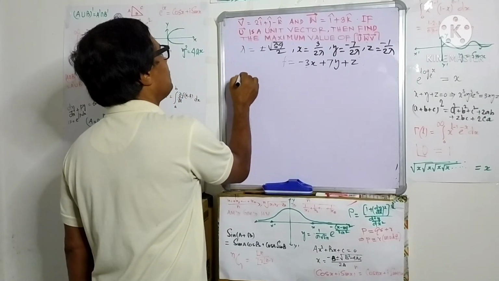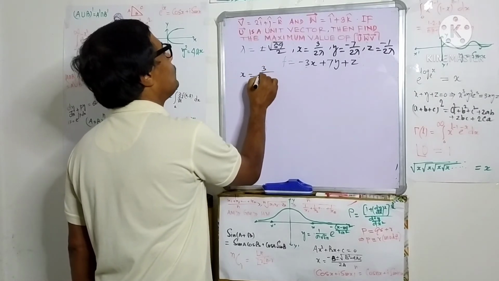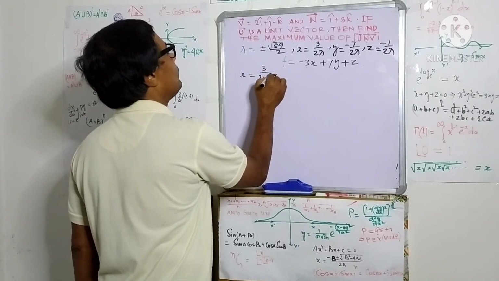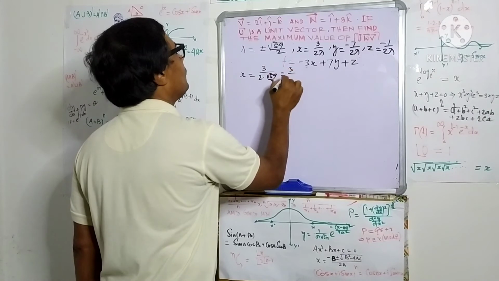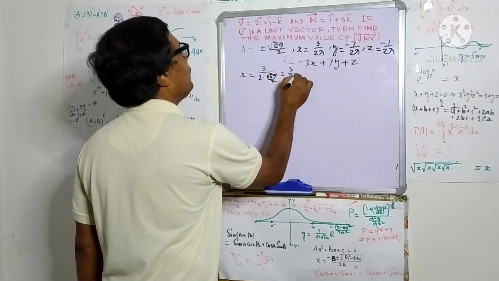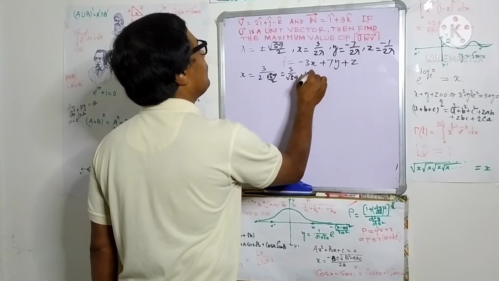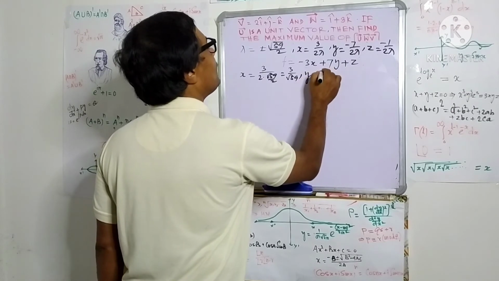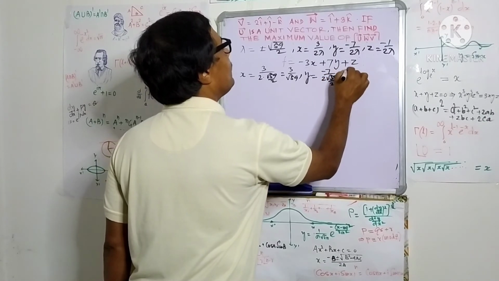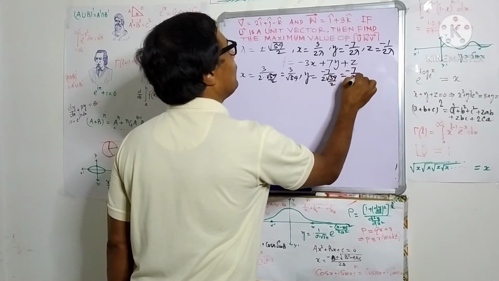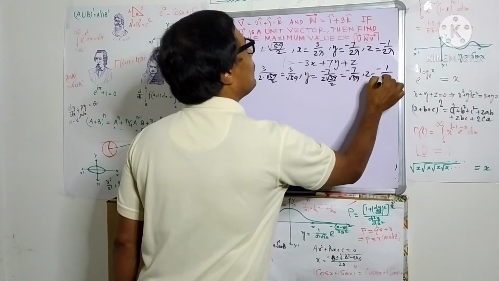First set, for the positive value of λ: x = 3/2 into 2/root 59 = 3/root 59, y = −7/2 into 2/root 59 = −7/root 59, z = −1/root 59.